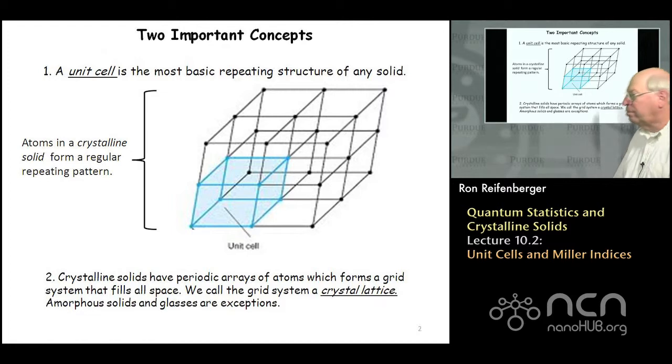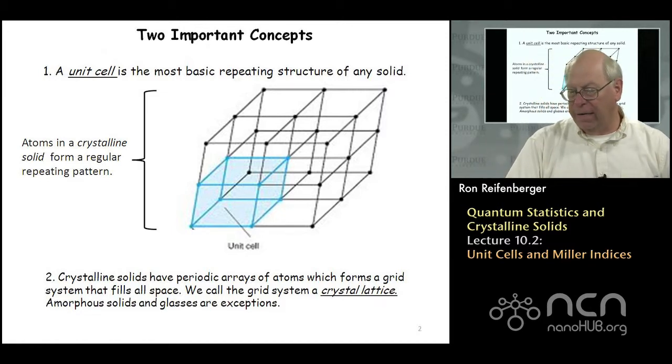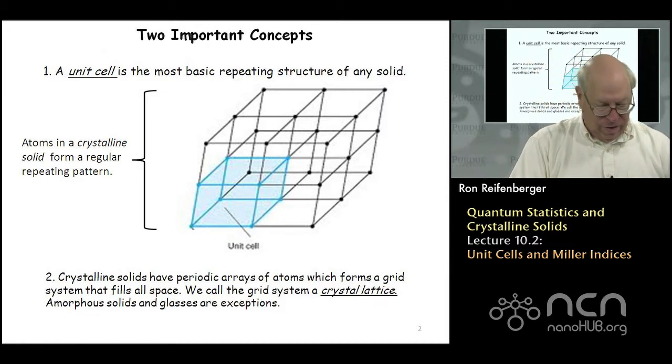These crystalline solids have periodic arrays of atoms, and in order to understand the nature of the crystalline solid, you have to be able to specify where the atoms are. The way you specify the location of the atoms is by the definition of this crystal lattice, which only applies to crystalline solids. It does not apply to amorphous solids or glasses.